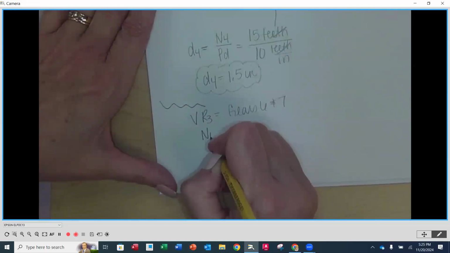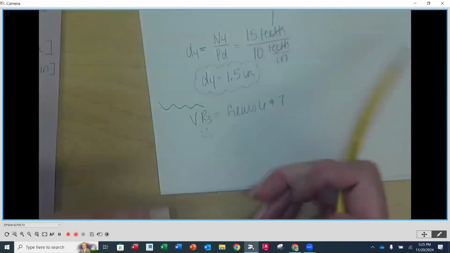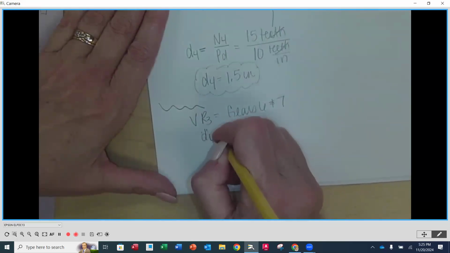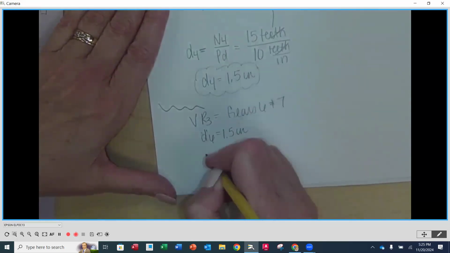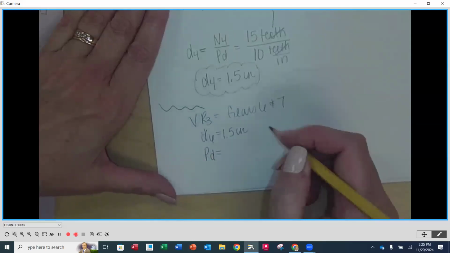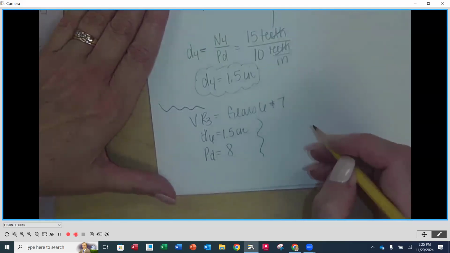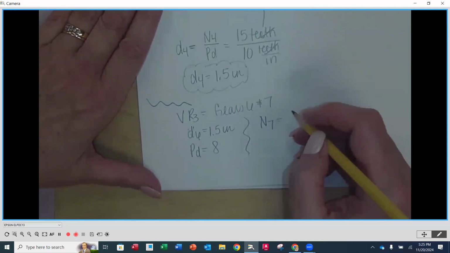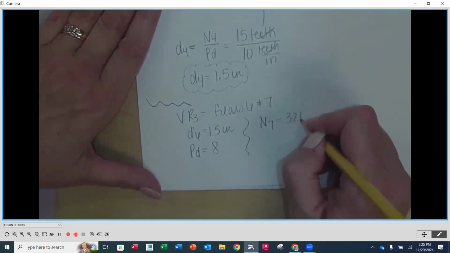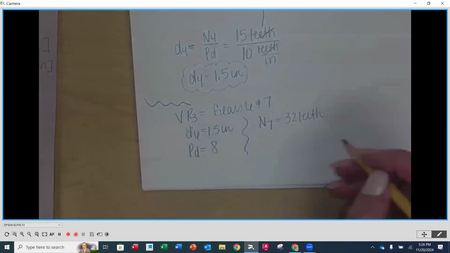We know that the pitch diameter D6 is equal to 1.5 inches, and the diametral pitch of 6 is 8. Okay. Then telling us that the number of teeth on gear number 7 is 32 teeth. Okay. So we need to calculate the pitch diameter, D7.